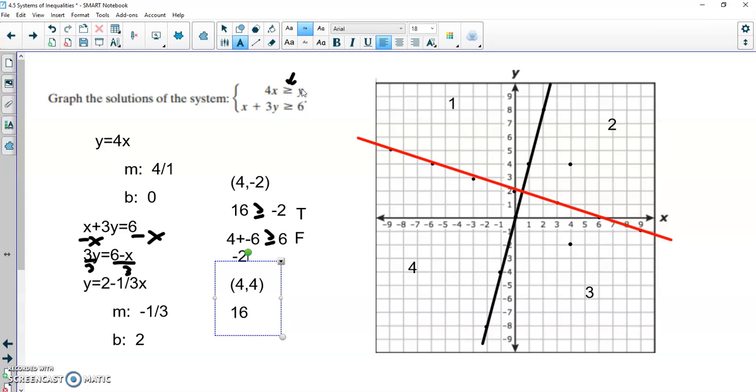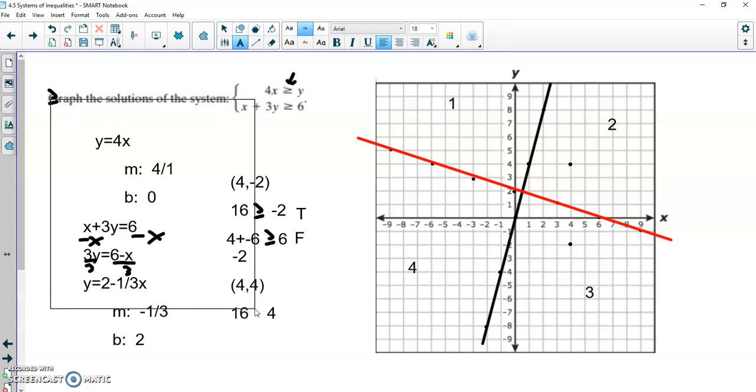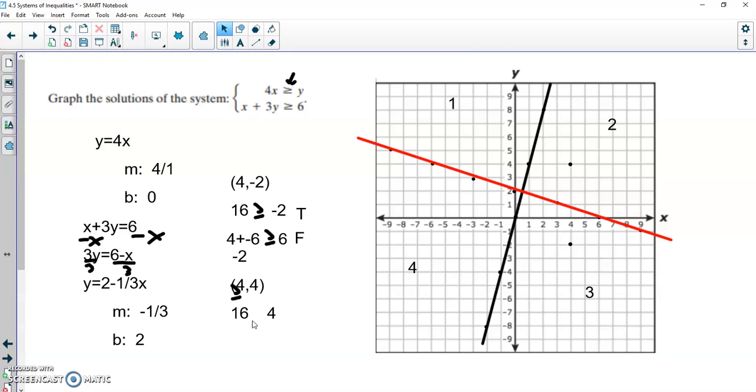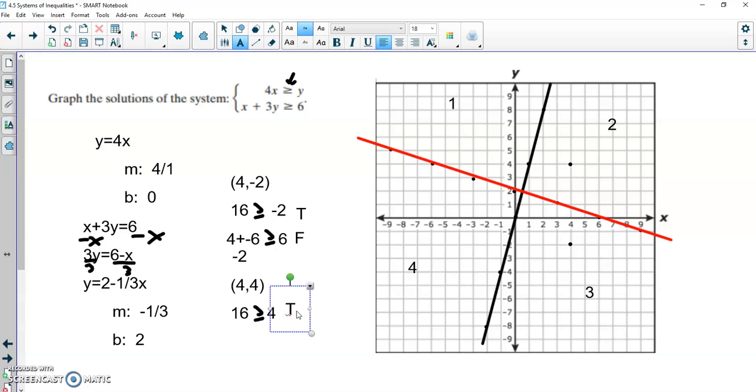And y is 4 for this point. And I want to know, is 16 greater than or equal to 4? That is a true statement.